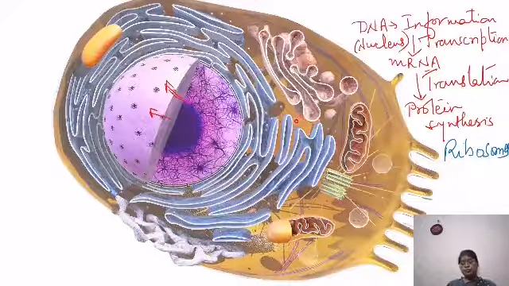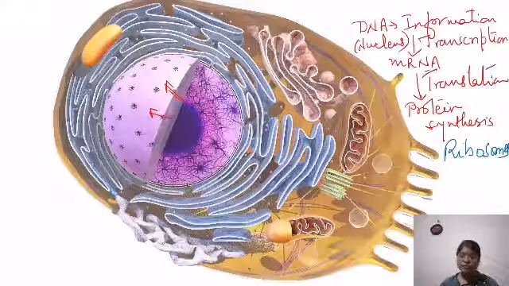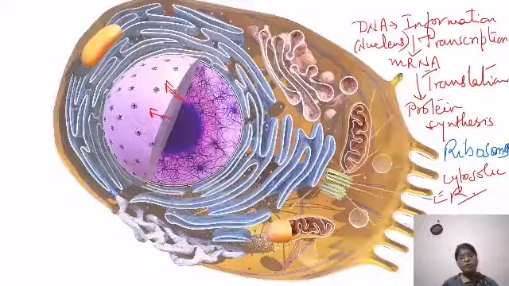Now the question arises: how do this messenger RNA and these ribosomes know whether the proteins are to be synthesized in the cytoplasm, as cytosolic proteins, or in the endoplasmic reticulum?